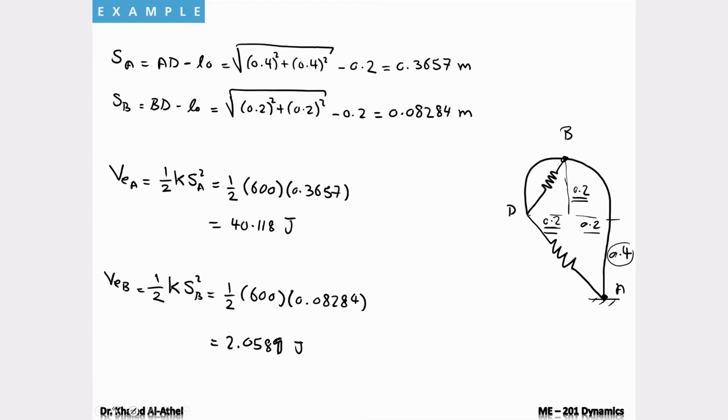What I end up with is just to write the principle of conservation of energy. TA plus VA should equal TB plus VB. Now in this case, I have half MA VA square plus, you can see that even though we have the values, we can directly jump in and substitute everything. I always like to organize my work and write everything step by step.